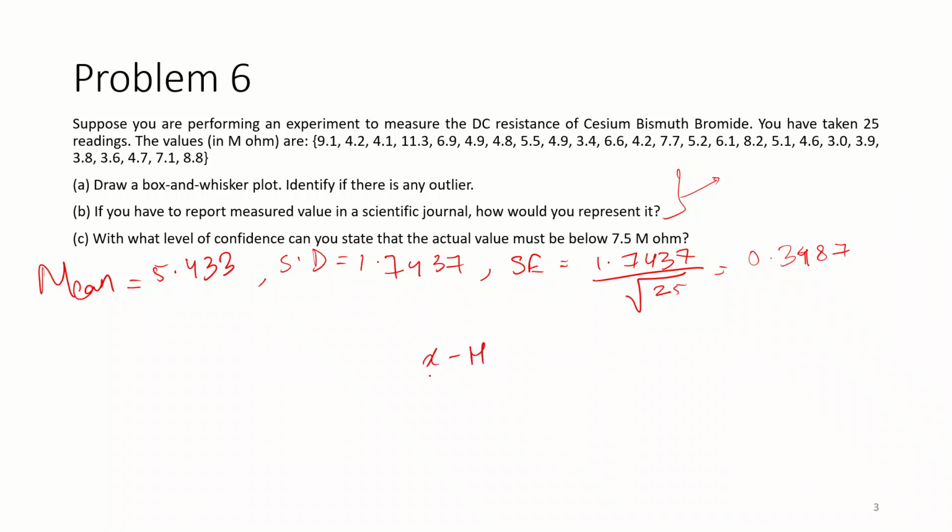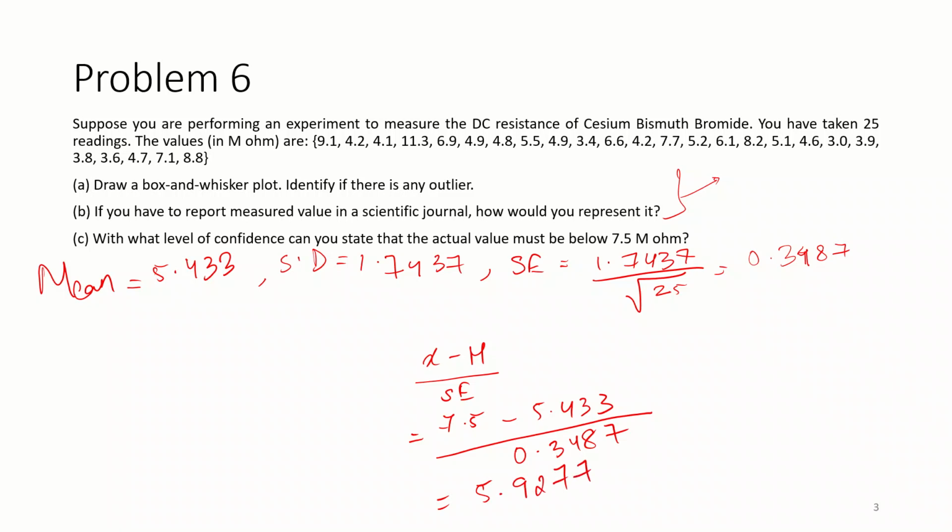You can find x minus mu, so x will be 7.5 minus 5.433, divided by the standard error, 0.3487. So the answer will come as this one.